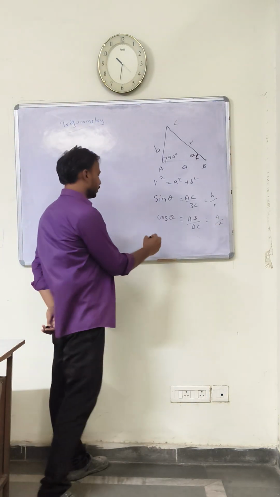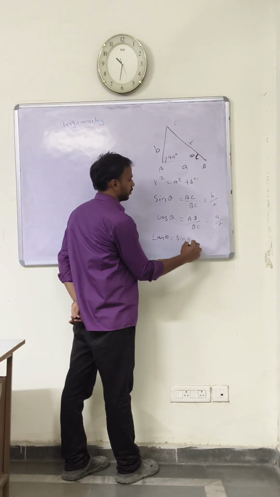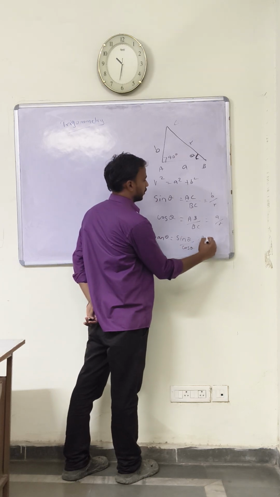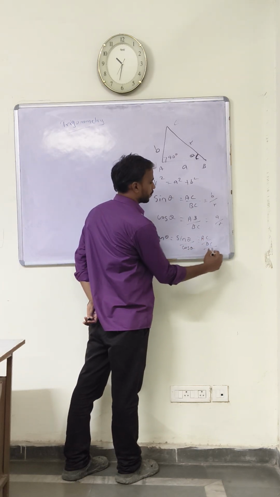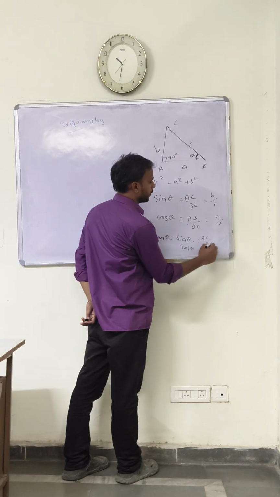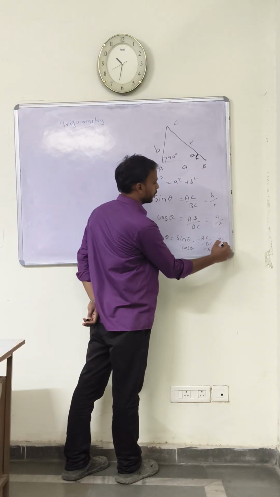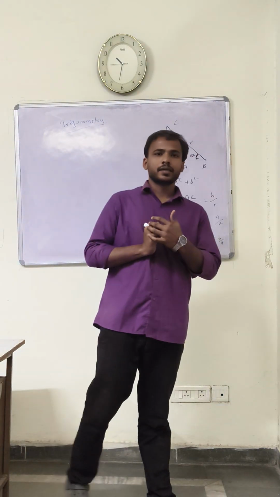And tan theta equals sin theta by cos theta, which is AC by BC divided by AB by BC. BC cancels, so it is AC by AB, that is B by A. That is tan theta.